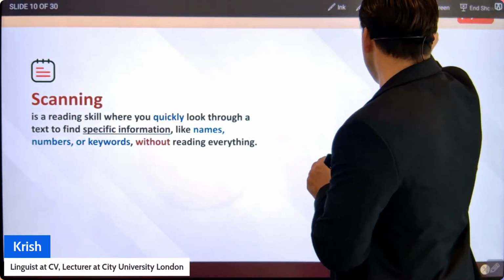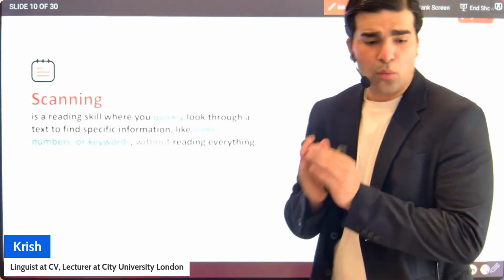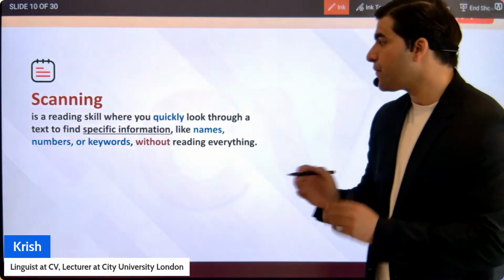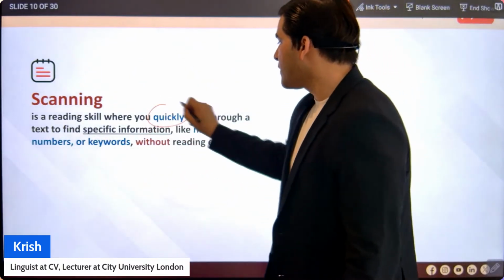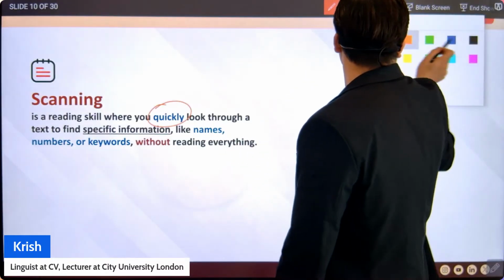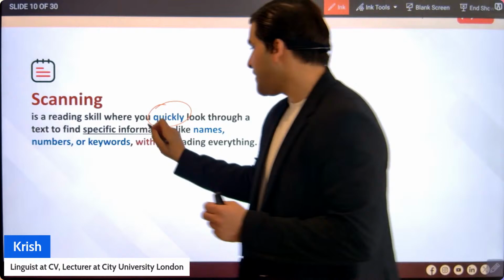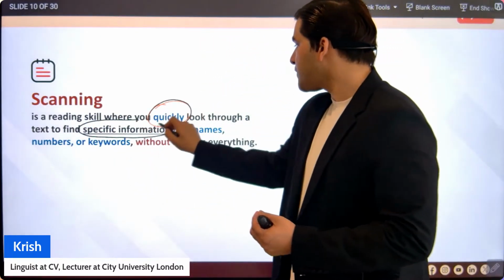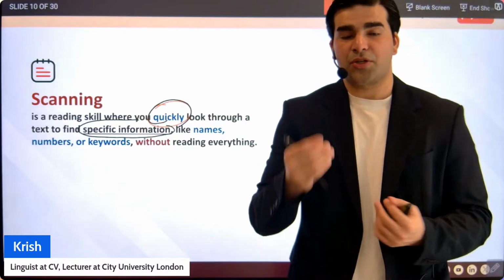What is the use of it? It is used when you want to read quickly. But how does it help? You want to find a specific piece of information and you want to read quickly. What are the different kinds of specific pieces of information?